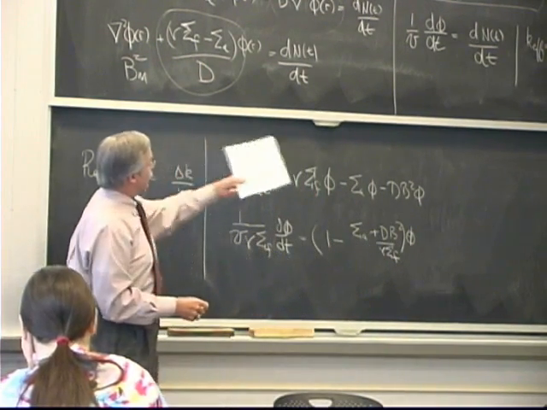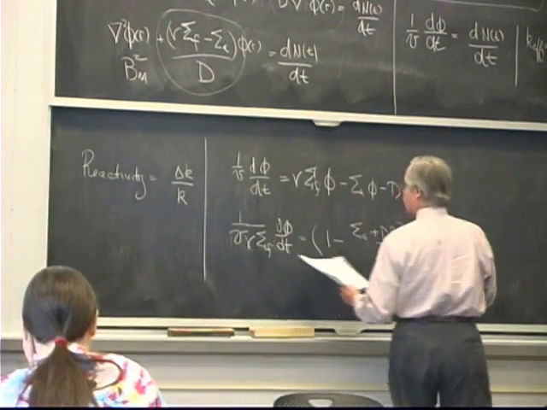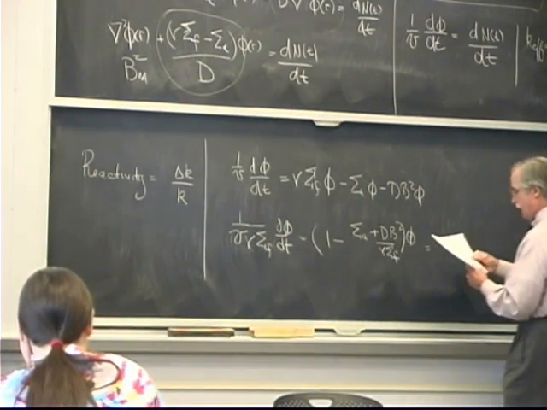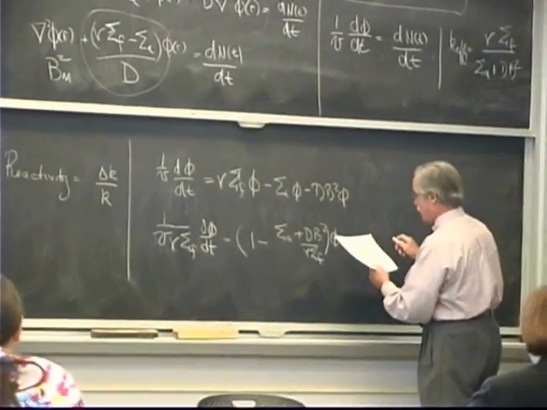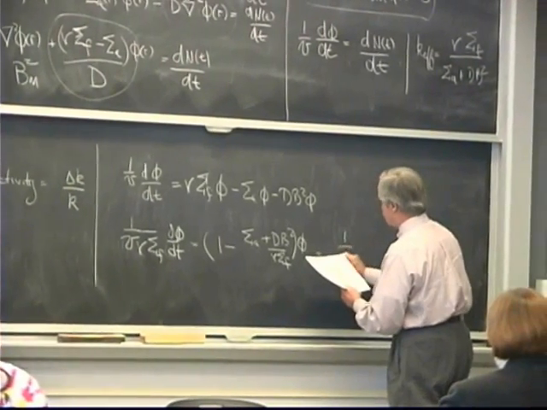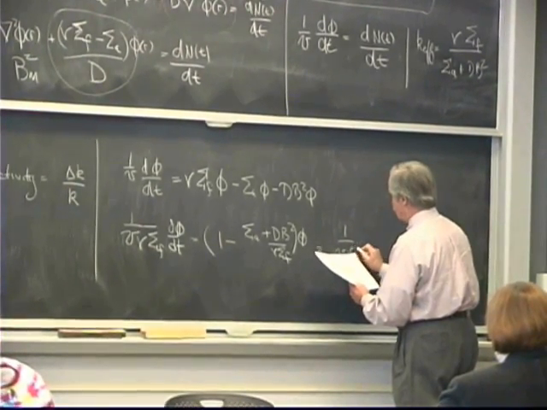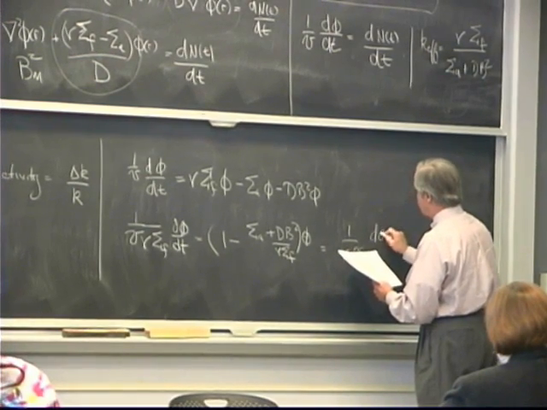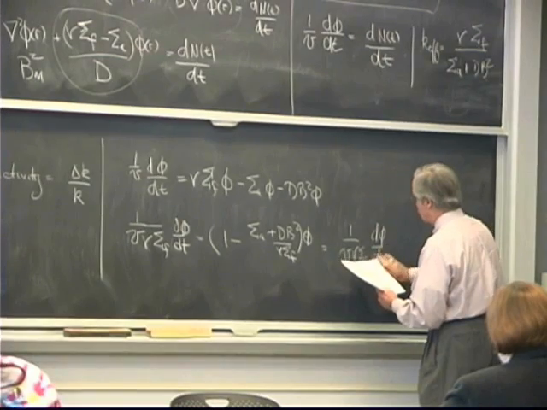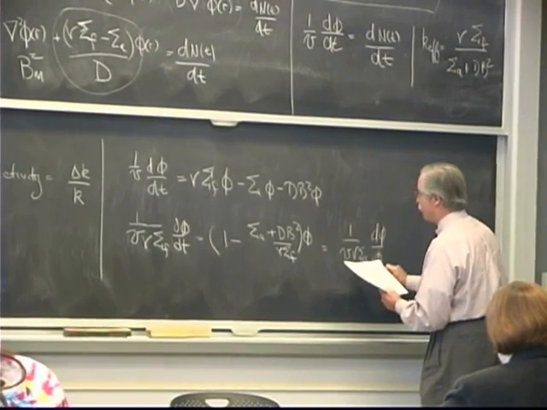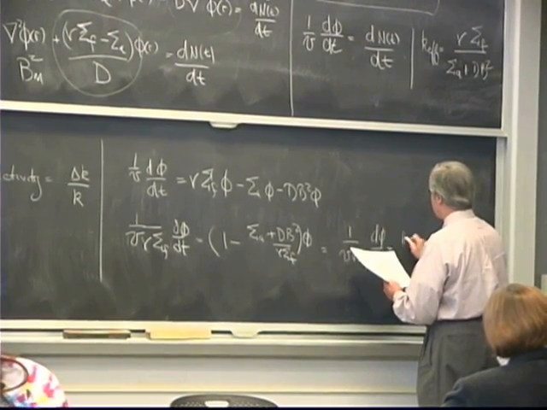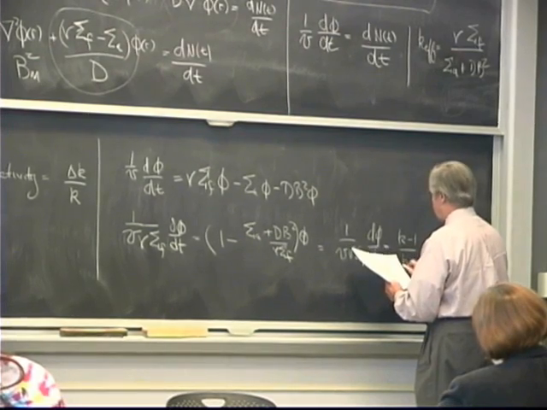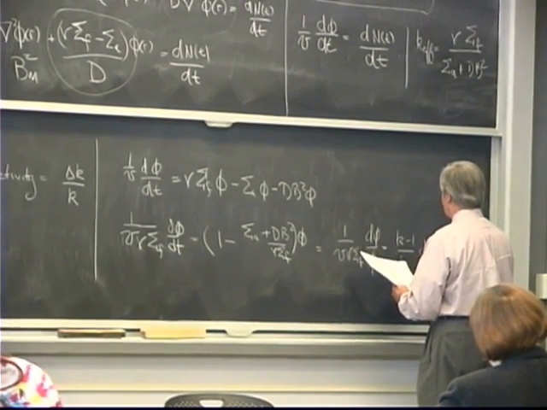I'm trying to get us to an expression here that can be reduced to the following terms: 1 over V nu sigma f, d phi over phi, equals k minus 1 over k dt.